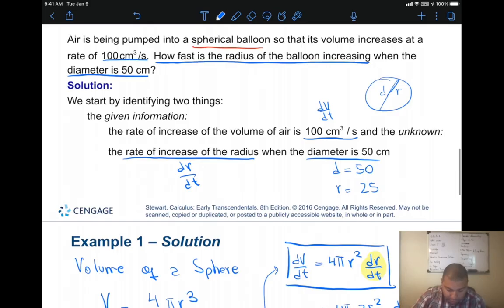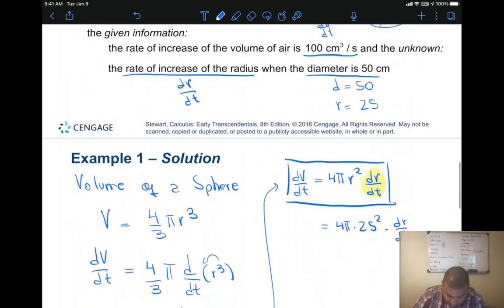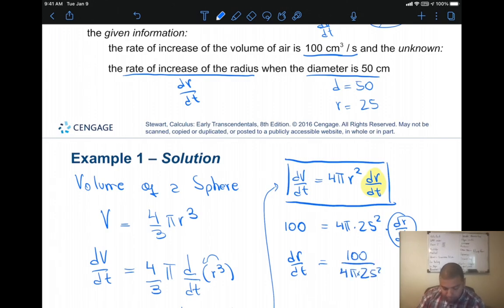And the volume increases at a rate of 100, so dV/dt is 100. So all I've got to do now is solve for this. So dr/dt is 100 divided by 4 pi 25 squared. So that's it. I just plug that into my calculator and find out how fast the radius is increasing.